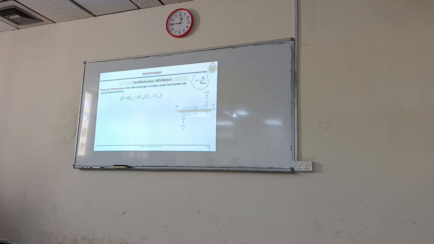From this definition, just like in fin efficiency, where heat transfer through a fin is equal to fin efficiency multiplied by maximum possible, similarly here I can write an equation of actual heat transfer in terms of effectiveness multiplied by Q maximum, which is this one.